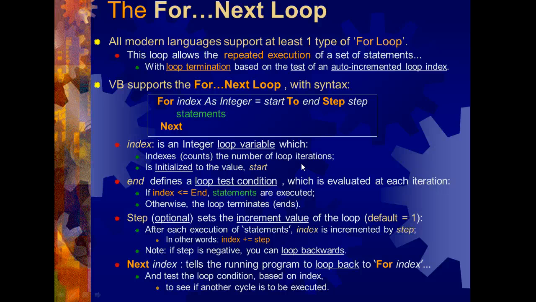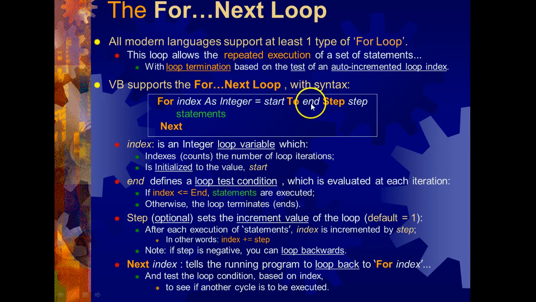Not exactly, because if we did step equal to 2, the number of iterations wouldn't be 10. But anyway, the index is initialized to the value start. So it starts with start. So we had 1 there, we had 0 there. And it defines a loop test condition, which is evaluated at each iteration.